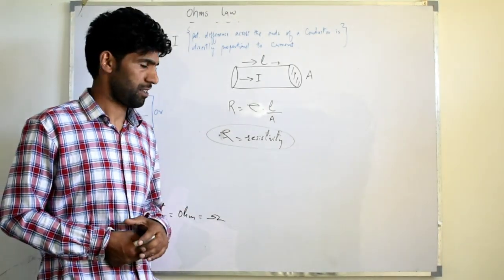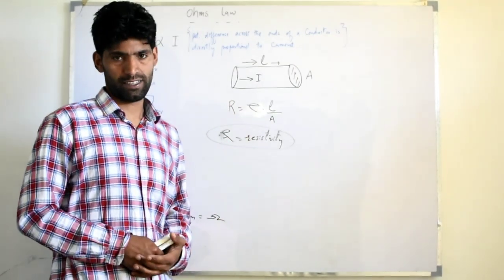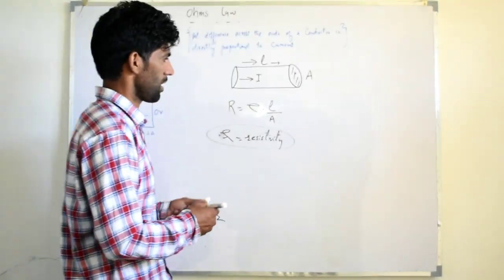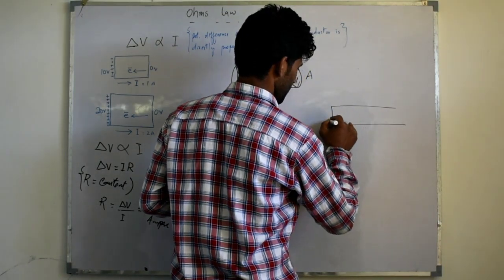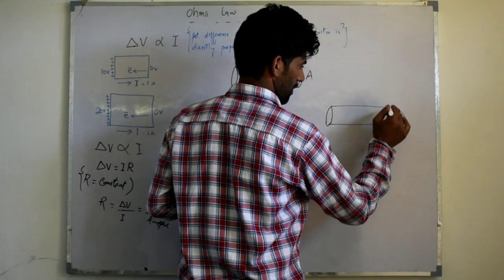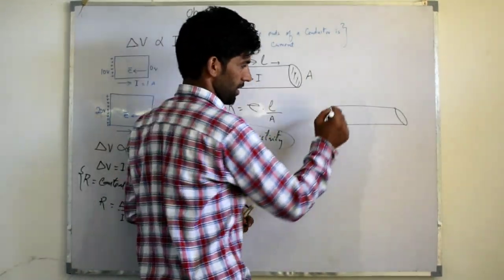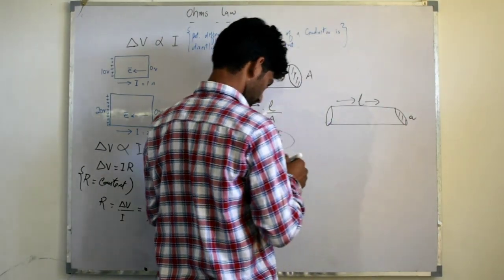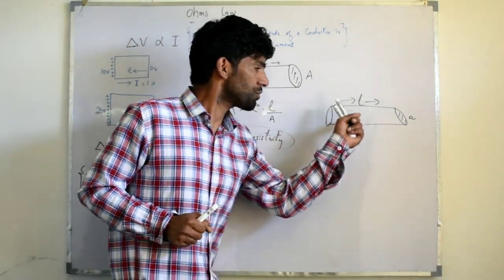Now have a look here. If we have been asked to find the resistivity of a wire, what do we do? If this is a wire of length L and area of cross section A, we have been asked to find its resistivity.